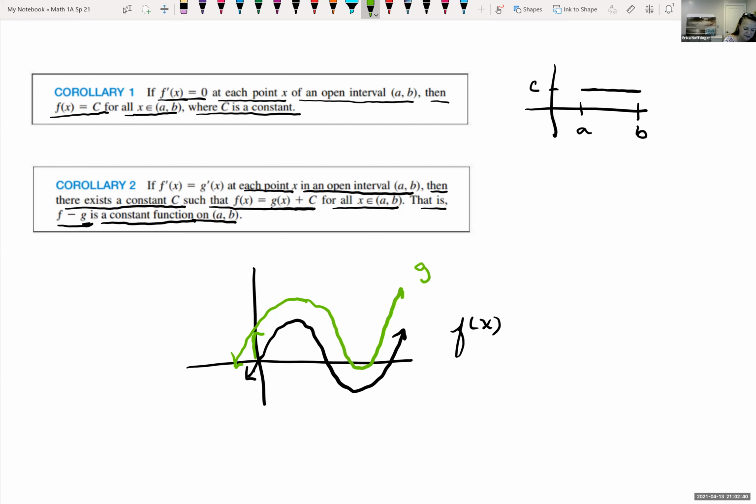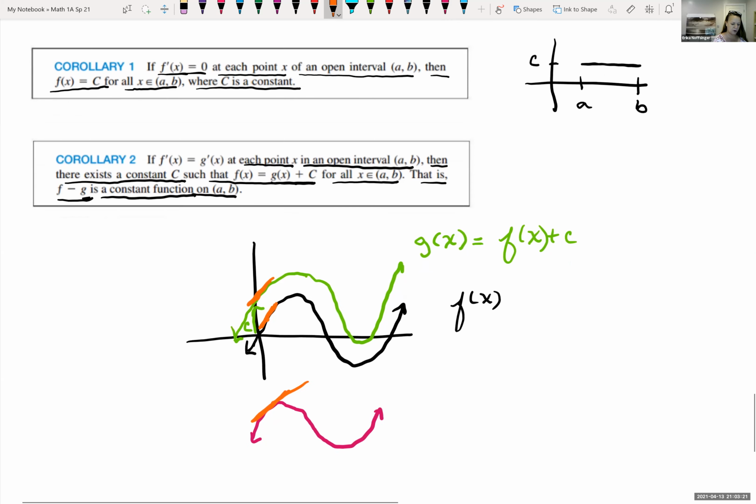So this would be g of x, which in this case is f of x plus c. Or I could subtract some number from f of x and graph it, just shifting that graph. So anywhere that I chose a point on the graph, we would have the same slope. Mine's a little off, but you can get the idea. So that's what that corollary is stating.